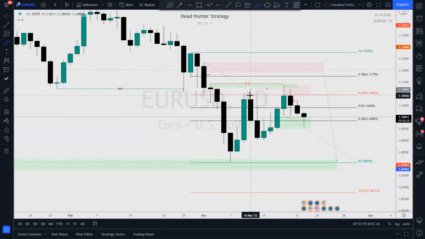Anyway, I'm looking for the pullback to come higher than the 50% because this is the equilibrium point of this trading range. All right, this is the discount area below the 50%, higher is the premium prices of the trading range.